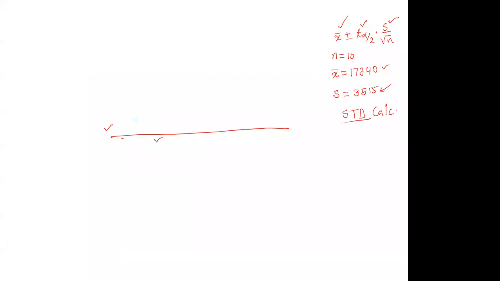We are going to create a diagram like a normal distribution, but it is actually a T distribution. I'm going to stretch the tail a little bit just to give you a sense of the T distribution. So this is my T distribution.